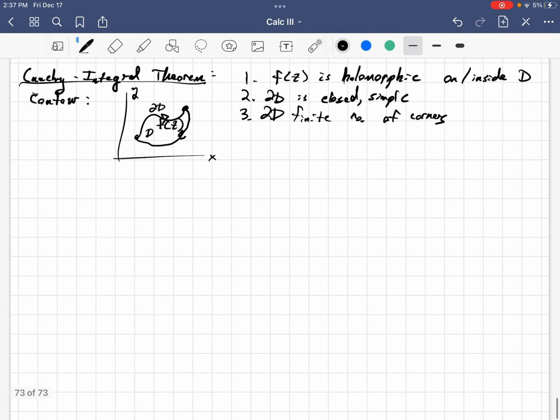If we have those conditions, Cauchy's integral theorem is very simple. It says that the contour integral over the boundary of D of f(z) dz equals 0. And now the contour integral is just a special case of the line integral.